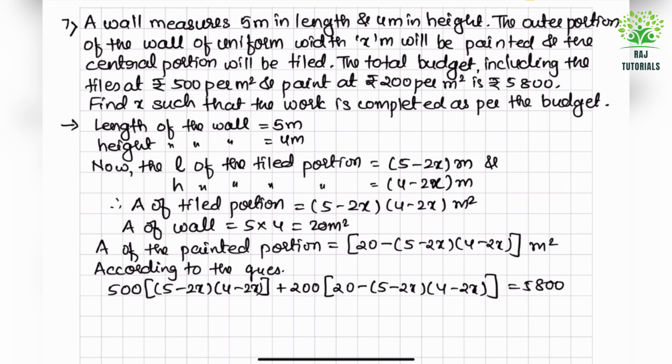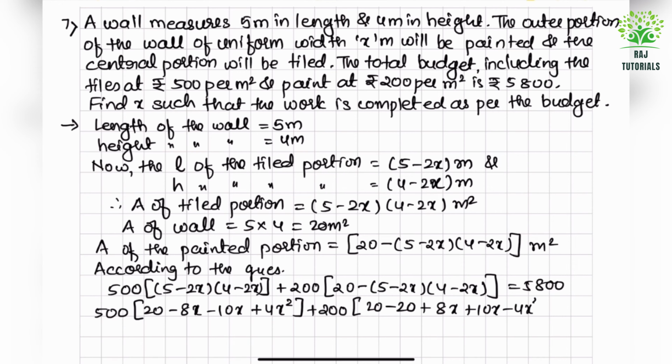So, solving this, I will have 500 into (20 minus 8x minus 10x plus 4x square) plus 200 into (20 minus 20 plus 8x plus 10x minus 4x square) equal to 5800.